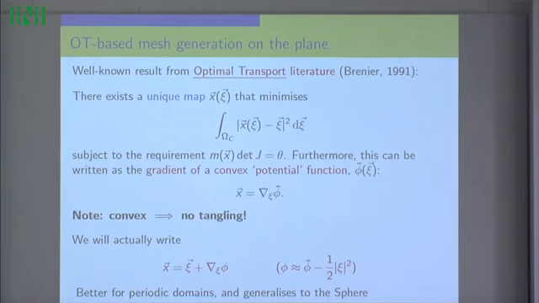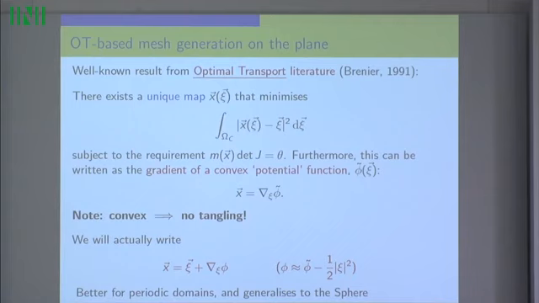Because it's convex, that actually immediately tells me that the minimizer here cannot have a tangling property. Tangling is all associated with loss of convexity, and Brenier's theorem says that that doesn't occur. Okay, so I'm going to slightly change this to say that any map of this form can also be described as a map of a density plus a gradient, and this is a little bit more convenient for computations.